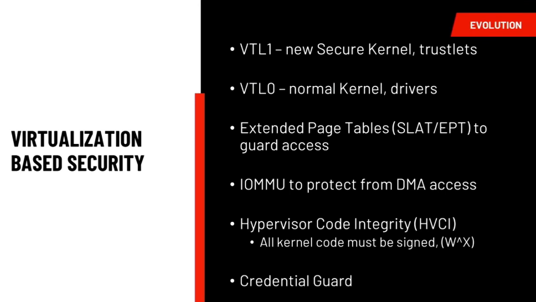You can't have read, write, execute memory. HVCI stops a number of kernel mode threats, including DoublePulsar and also things like the Turla driver loader. Other technologies like Credential Guard use the hypervisor to protect credentials on the system from tools like Mimikatz.